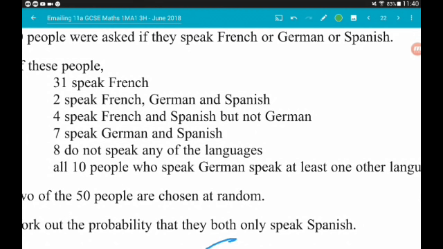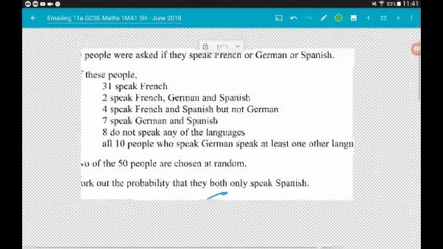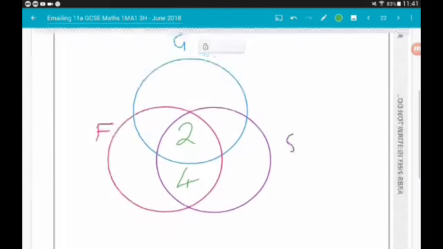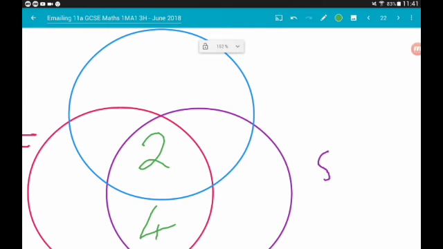So in total, 7 people speak German and Spanish. Now we know 2 of those are already in the middle. They speak French as well. So 7 people in total speak Spanish and German. So that only leaves 5 more to go in that part.